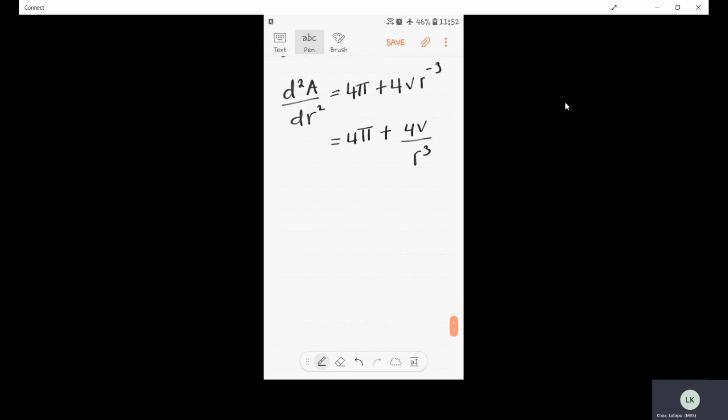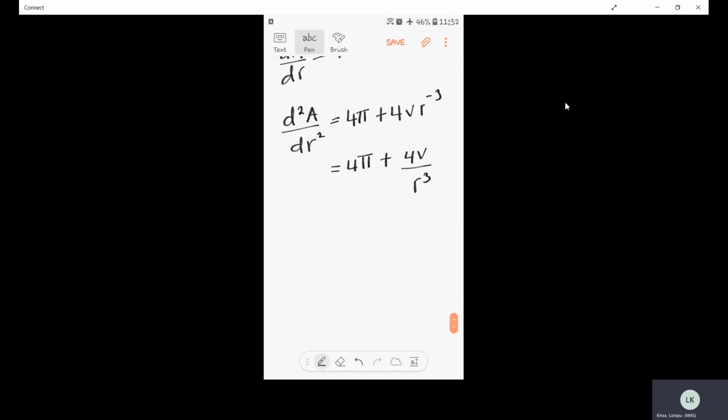Now this is already positive. I don't even need to substitute my r inside, because I can see that this is a positive number. 4 times pi is positive. 4 times v is positive because your volume must always be positive. r cubed is also positive because your radius is positive. So this is greater than 0.